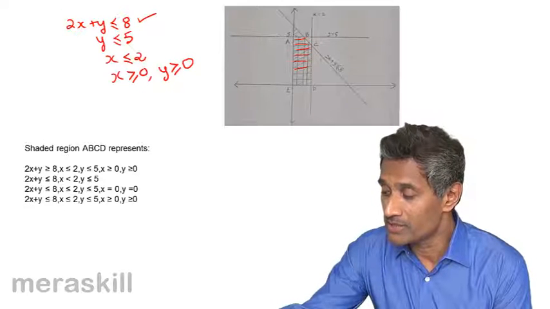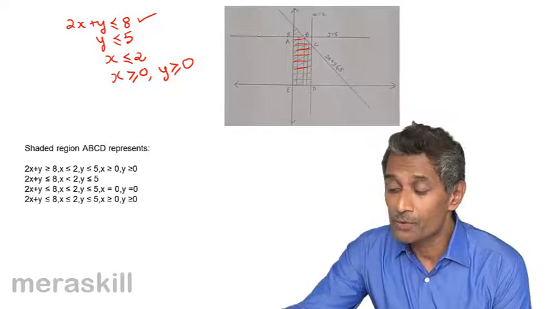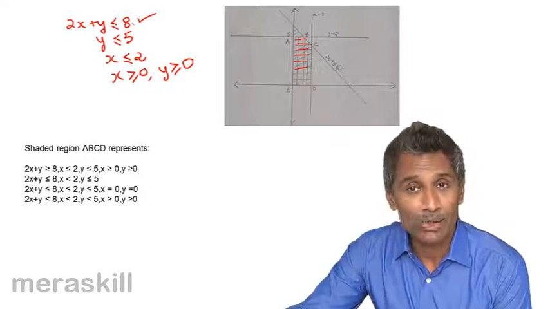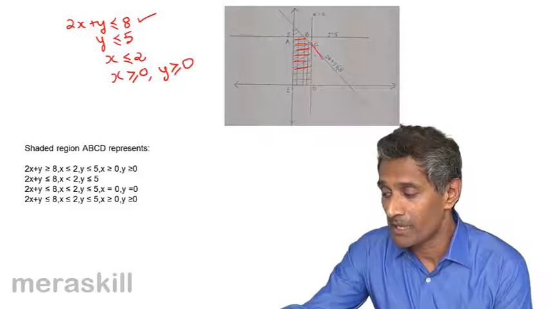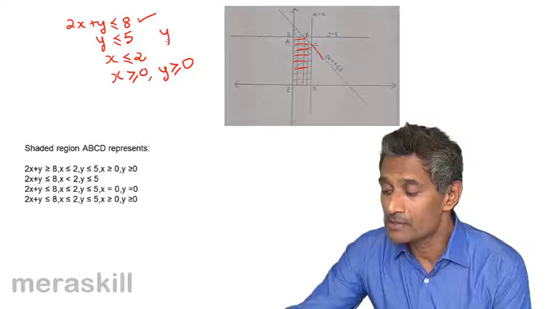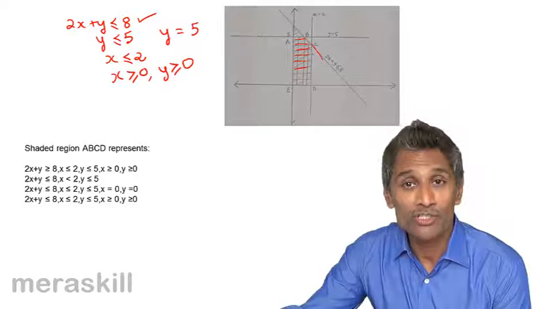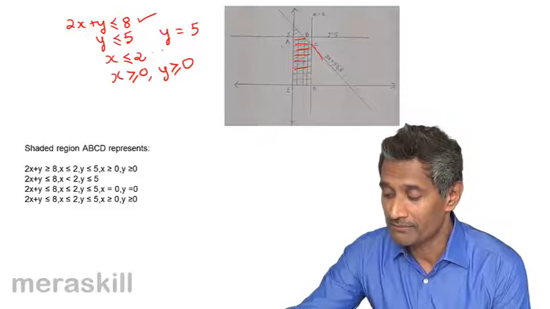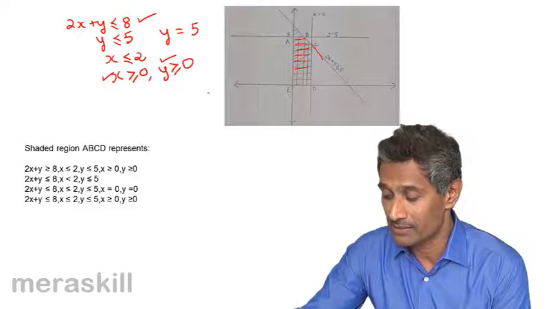This particular region is represented by the overlapping regions of 2x plus y is less than or equal to 8, because it is in the origin side of this particular line, and y is less than or equal to 5, because it is on the origin side, and much the same way with this. And of course we need to indicate x is greater than 0, y is greater than 0.